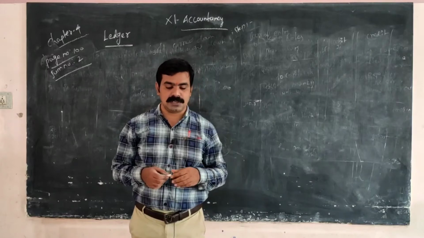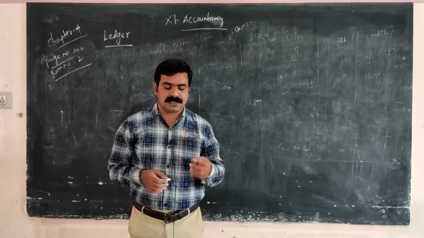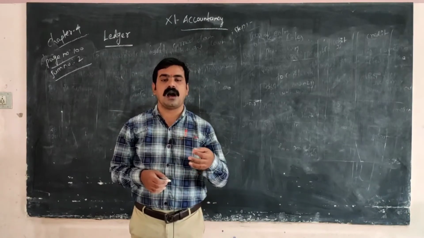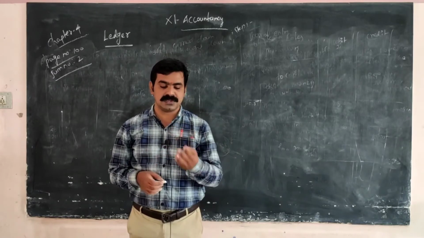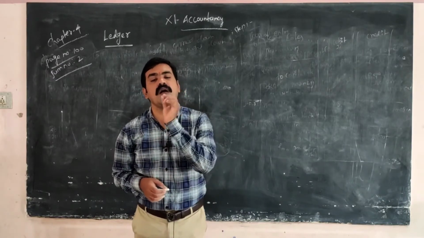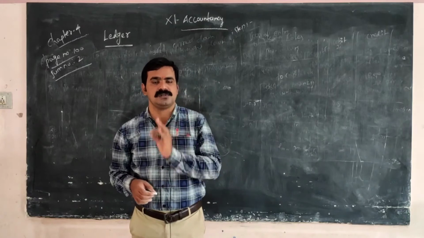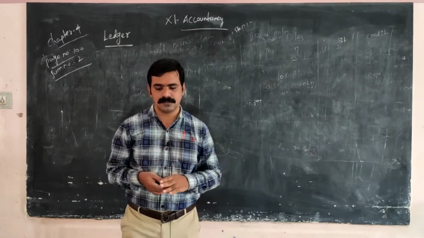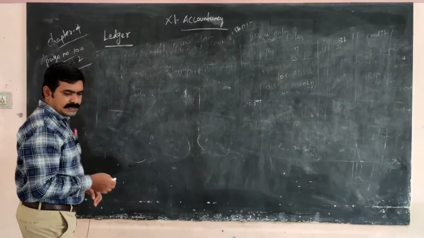The first transaction: goods sold to Ramu on credit. What is the date?